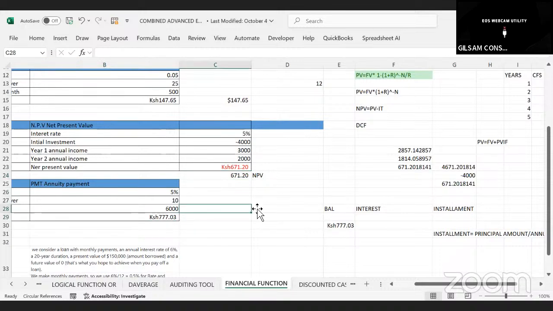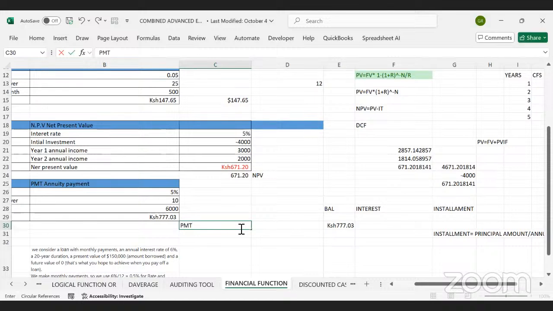And then also, looking at the time value of money, at one point you are required to get the payment or the monthly payment, because for the purpose of loan amortization, remember, you must have a fixed installment all the way. So you will use the formula called PMT to get the monthly payment.